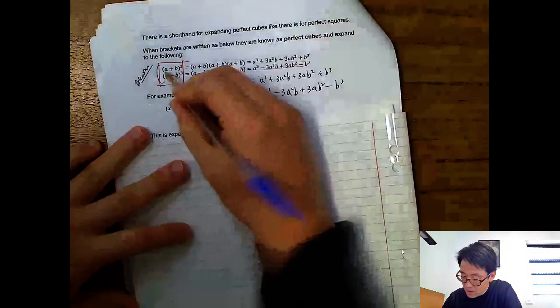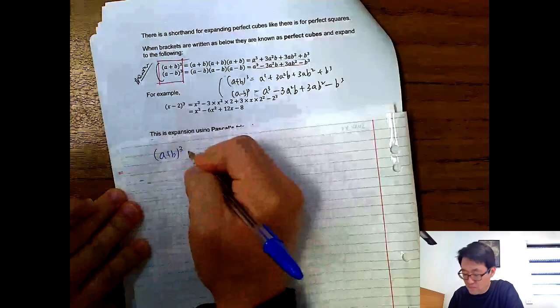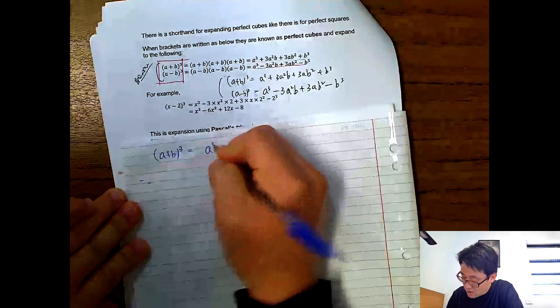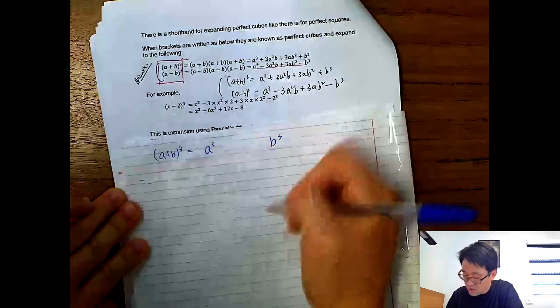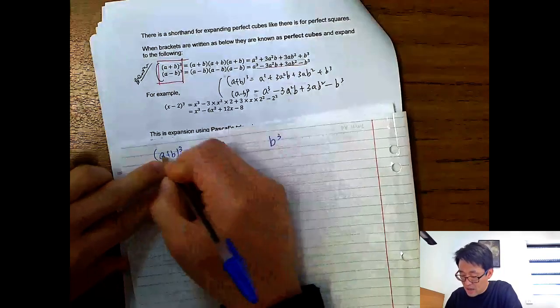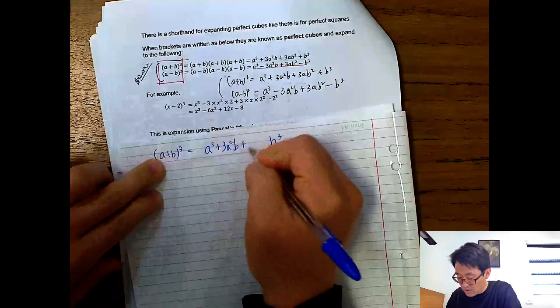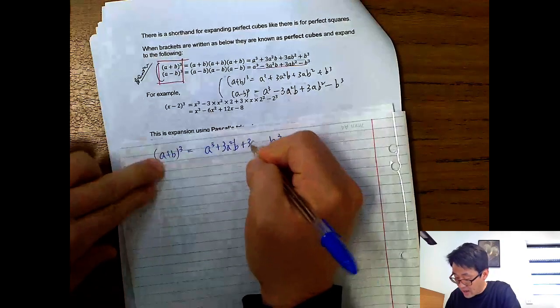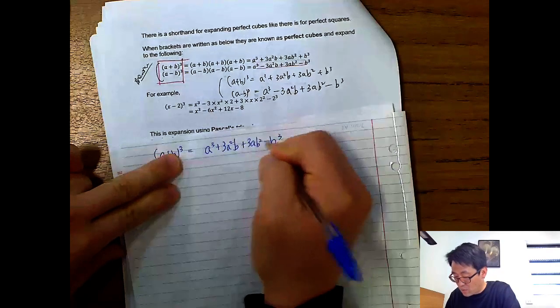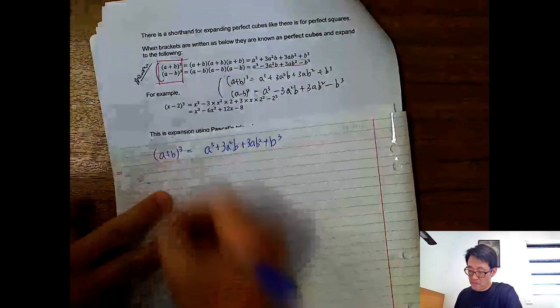So a plus b cubed equals a cubed, plus 3a squared b. Okay, so the next one, 3a, but this time b squared. That's how I remember it. Then plus b cubed.